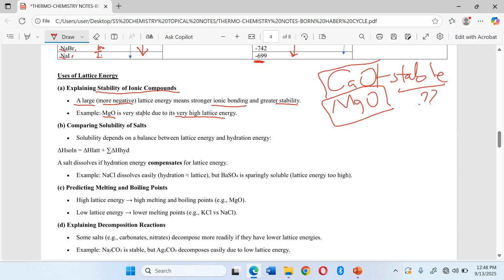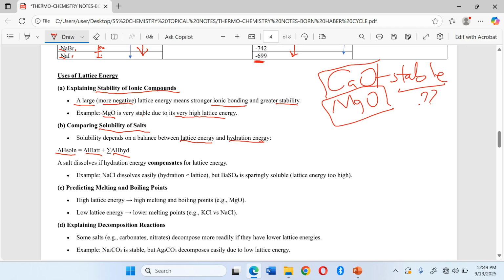So when you look at the lattice energy, we can get to know which one is more stable than the other. Then it helps in comparing solubility. Did you know that you can know which salt is soluble and which one is not? Solubility depends on the balance between lattice energy and hydration energy, because we said from the beginning that enthalpy of solution is equal to the lattice energy plus hydration energy.